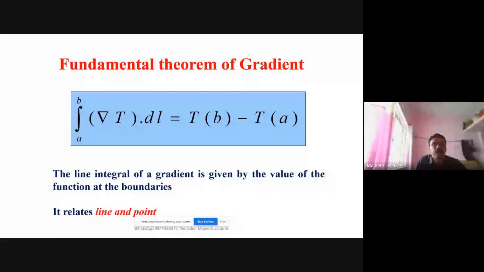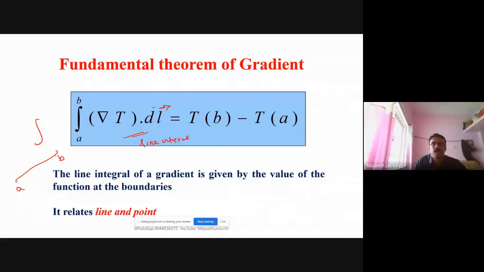It is a line integral. dl vector, please remember dl vector, it is a line integral. This line integral goes from, let us assume, it is a line, from A to B. Right? So point A to point B.